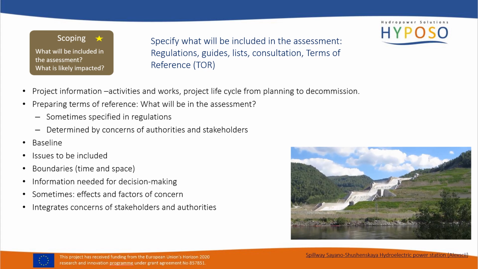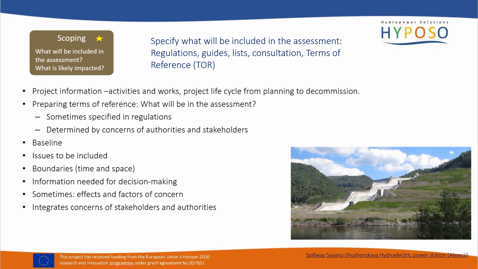They are available on the portal of the environmental assessment or of the proponent. Then the public can comment on those terms of reference, and the proponent needs to integrate those comments in the assessment.